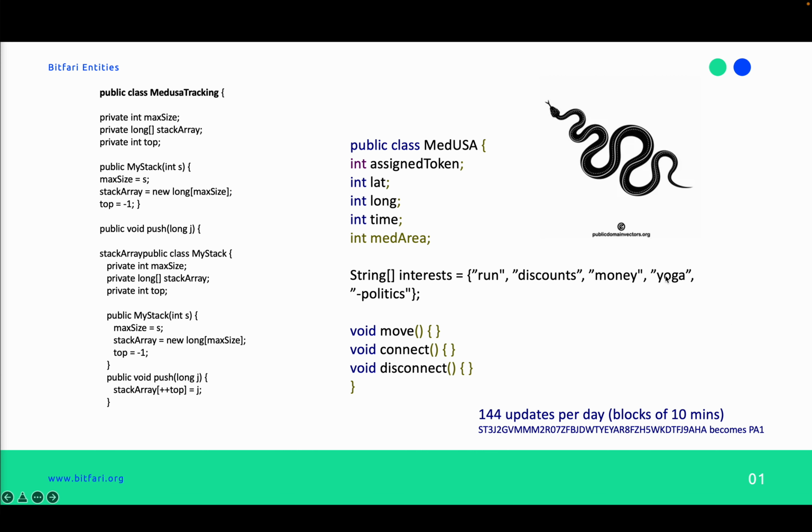These are positive interests, and this is a negative interest, one thing that the person wants to avoid. So if we don't want to see political ads, just put minus politics, and then we won't show an ad for that. And then it has very few methods: if the person is moving, if they are connecting or disconnecting. It's very basic, but it gets the job done. We get all of the information.